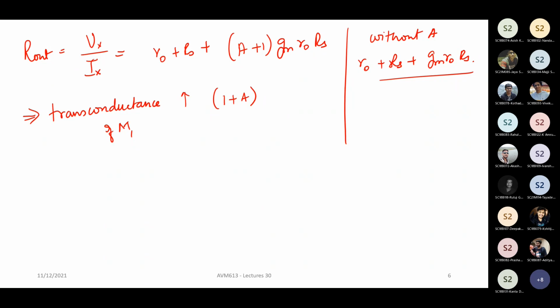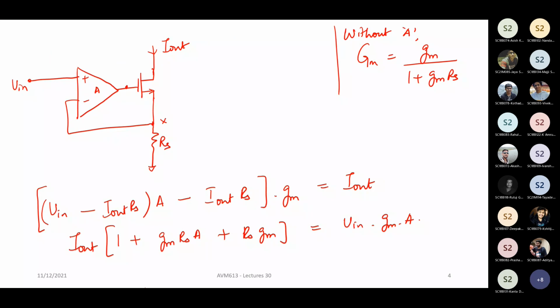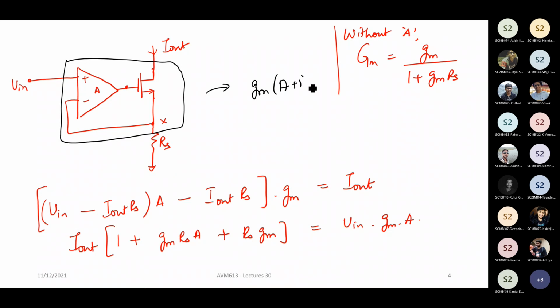So what you can say with this kind of gain boosted architecture is that the intrinsic transconductance of this gain boosted transistor, which is this part, has increased by a factor of A plus 1. So this whole thing acts like a transistor with a transconductance of Gm times (A plus 1).